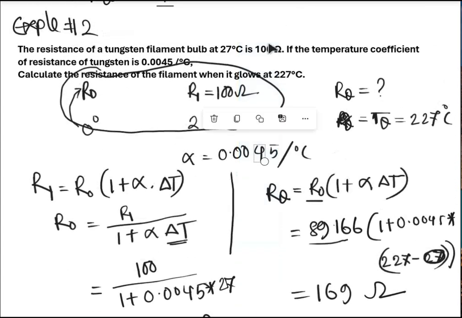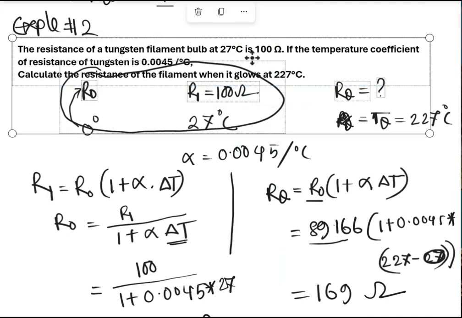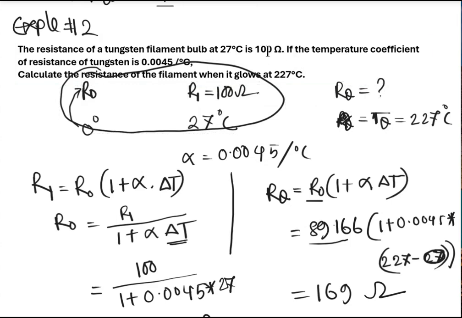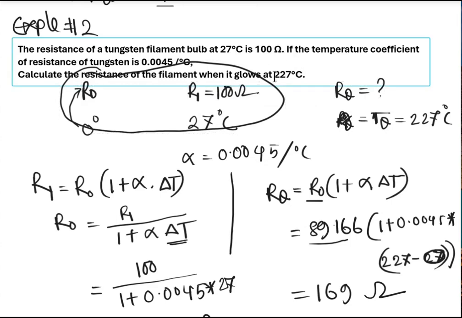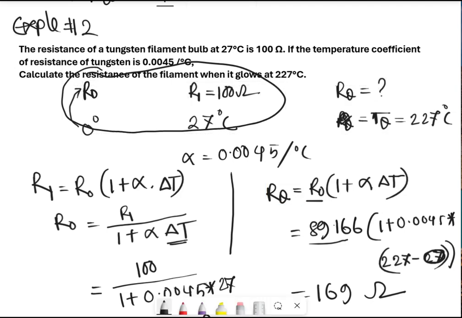So let's recap this one. At a temperature of 27 degrees Celsius, the resistance is 100 ohms, and at a temperature of 227 degrees Celsius, it will be 169. At a very early stage, the resistance was, let's use the red one, 89 ohms, right?